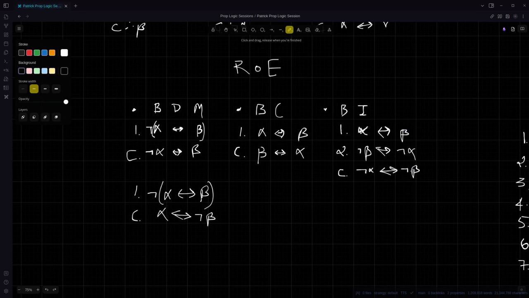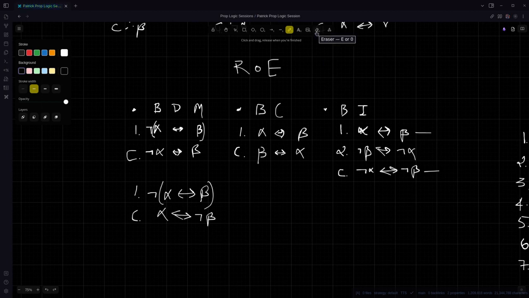If alpha and beta both are false, the biconditional is true. So this biconditional is equivalent to this biconditional, because even here both the propositions have the same truth value.